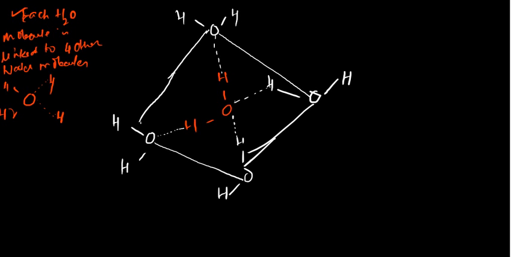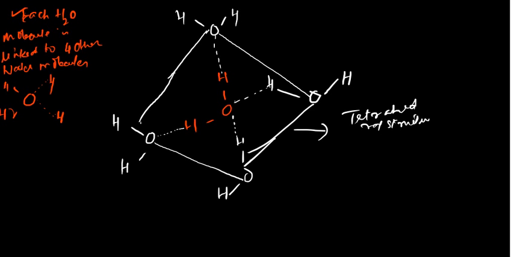So this water molecule, through hydrogen bonding, is surrounded by 4 water molecules. So this is a kind of tetrahedral structure. This is how it looks, right?